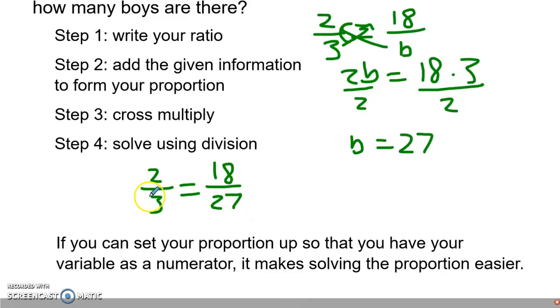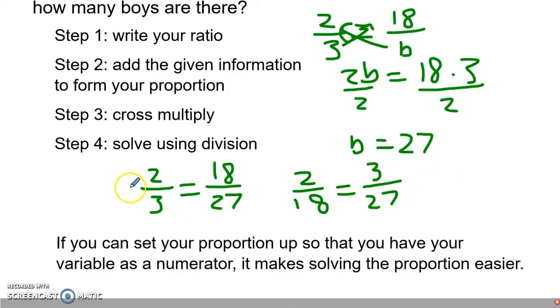But I could also say that 2 in my ratio, these 2 girls, out of 18 total girls in the class is going to be equal to 3 in my ratio of boys to 27 in the total class. That's also going to be a proportion, and I could just as easily have used this to solve for the number of boys as I could this.